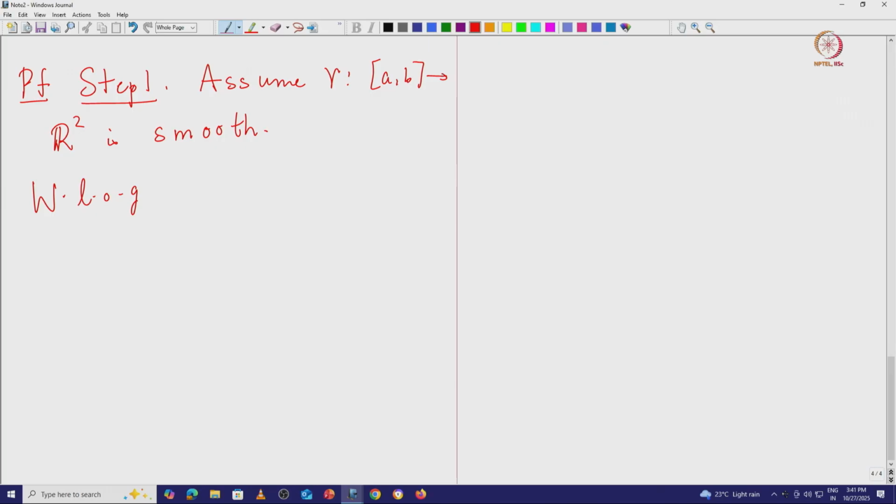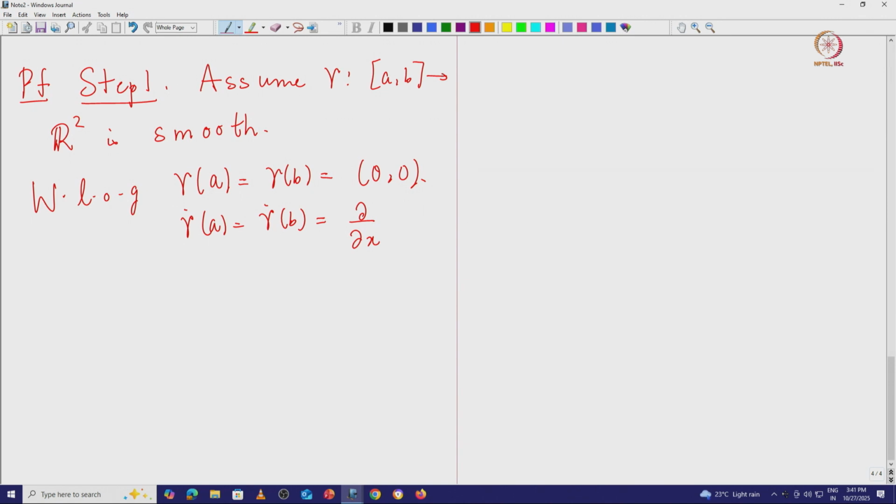So I can assume that gamma of A is equal to gamma of B is equal to the origin, and gamma dot of A is equal to gamma dot of B. It is smooth, so there is no corner, so these velocities agree, and I can arrange so that this unit vector is precisely the standard vector in the x direction.